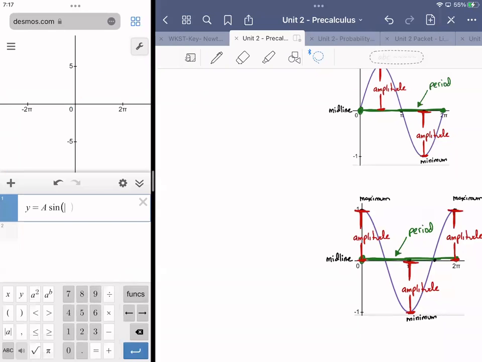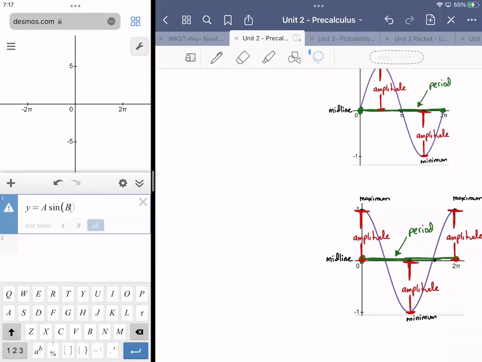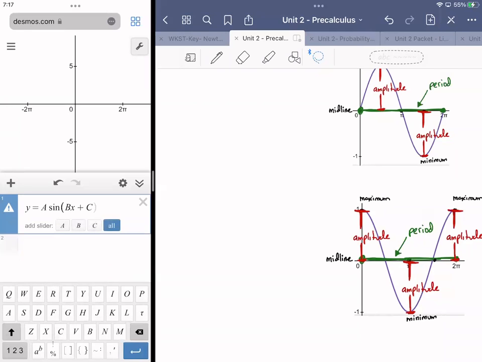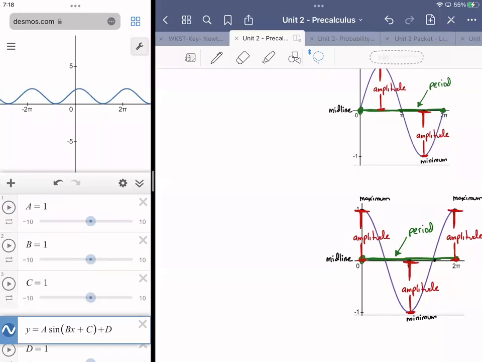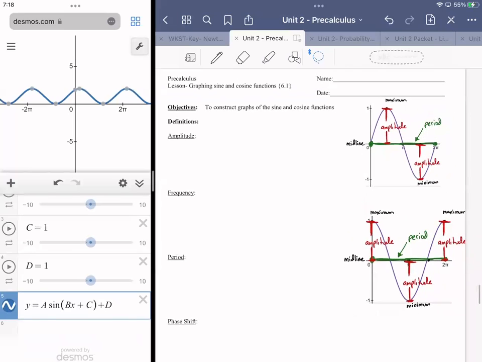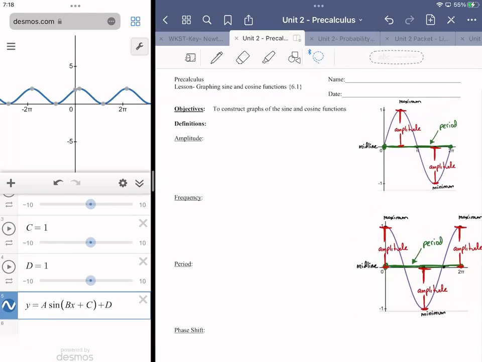So A times the sine of B x plus C plus D. And we're just going to make sliders for all these things. You get a nice sine wave there. All right. So one general form is A sine of (Bx plus C) plus D.